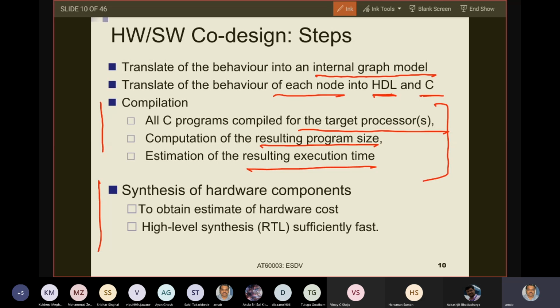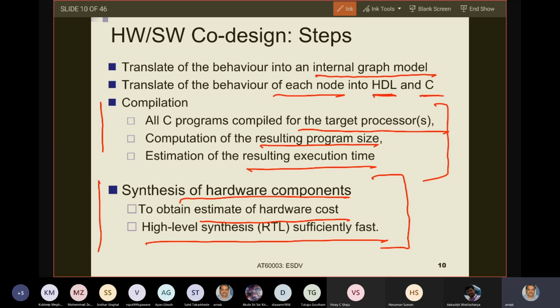And for each of these nodes, you have obtained an estimate of the hardware cost through this synthesis process. So you synthesize hardware components through high level synthesis just to obtain an estimate of the hardware cost. A high level synthesis or a gate level synthesis is fast enough to get an estimate. So you don't need to actually implement it as a chip to understand what you will do.